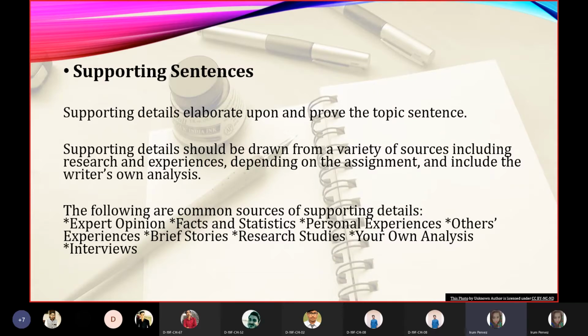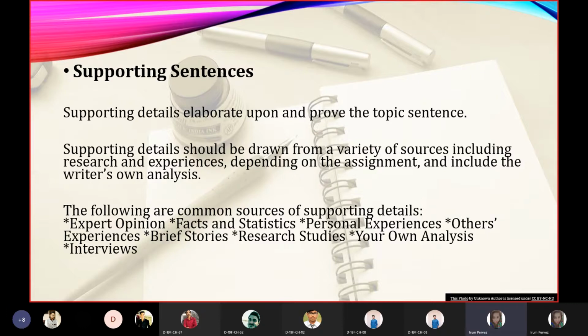Supporting details should be drawn from a variety of sources, including research and experiences, depending on the assignment, and include the writer's own analysis. When you are writing a report or research work, you have to write supporting details based on research and experiences, or it depends on what kind of writing you are doing.